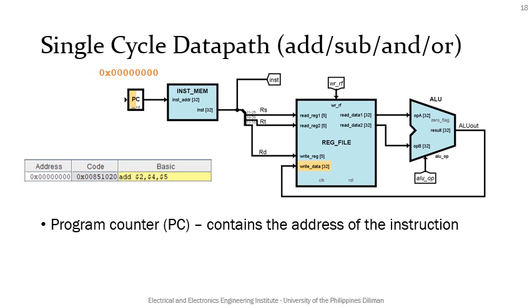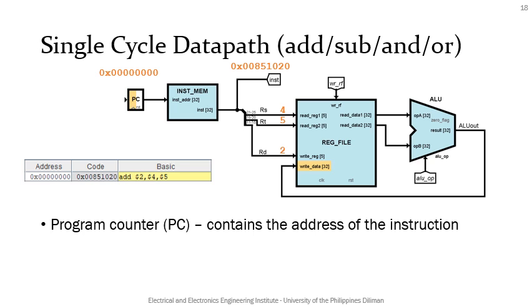The data path starts with the program counter or PC register that contains the instruction address, which is 0. This is fed to the instruction memory, and the corresponding instruction code is then outputted by inst.mem.